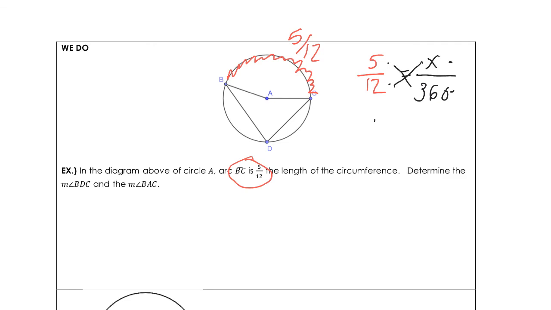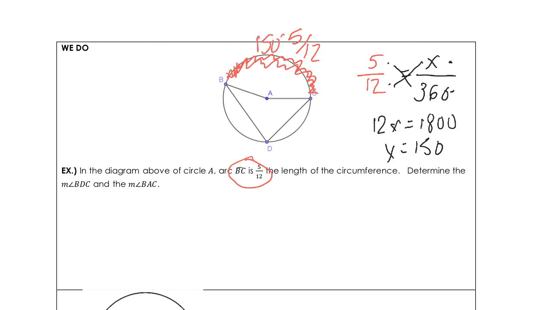So 5 times 360 equals 1800, divided by 12. So x equals 150. So BC is 150 degrees.